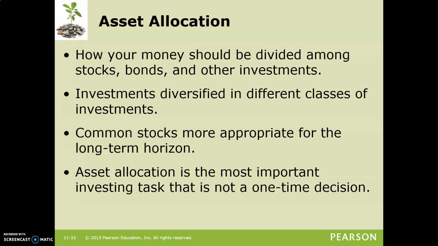Asset allocation is an attempt to assure that the investor's strategy reflects his or her investment time horizon and is well diversified, generally with assets in several different classes of investment, such as domestic common stocks, international common stocks, and bonds. This needs a long time. This needs time to plan. It's not a one-time decision.